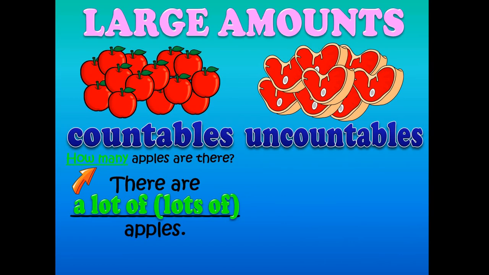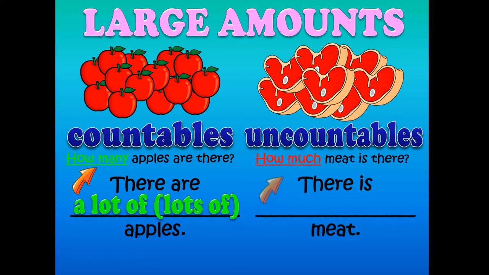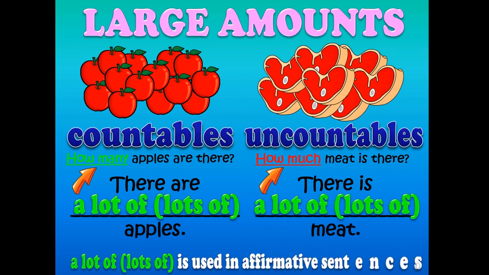In the second picture, we can see meat. To ask about meat, of course, you can't say how many. You must use how much. How much meat is there? And the answer can be there is a lot of or lots of meat.